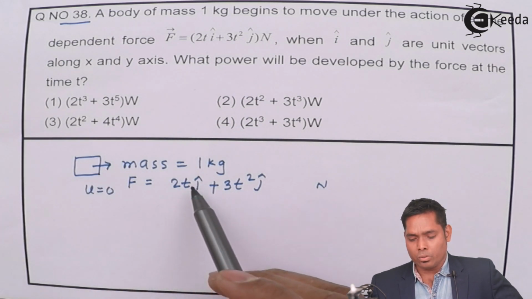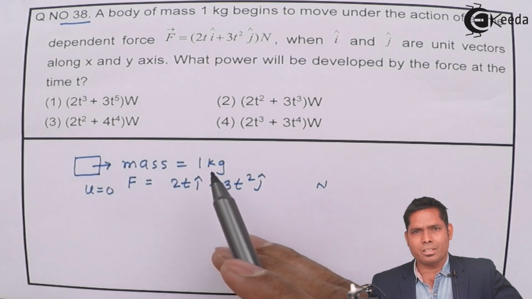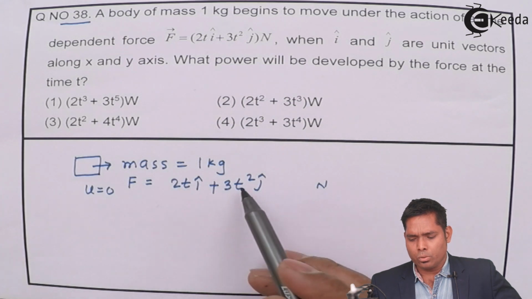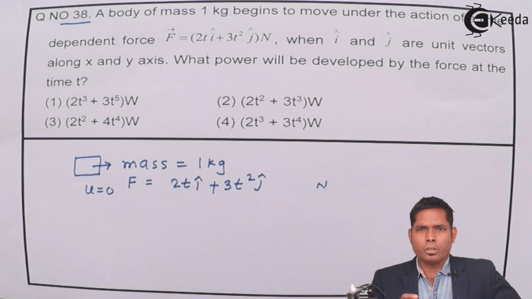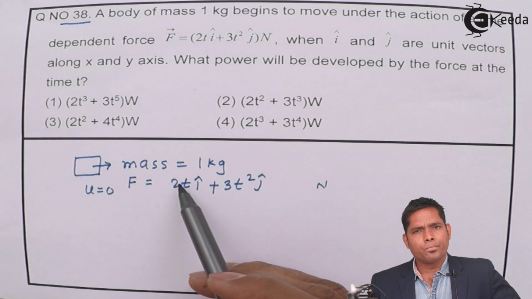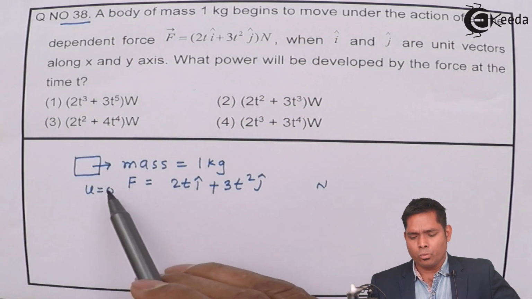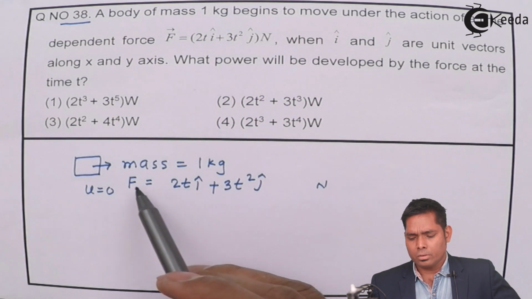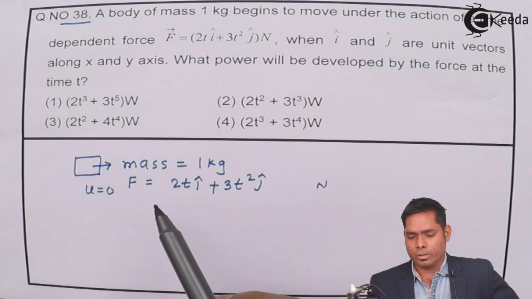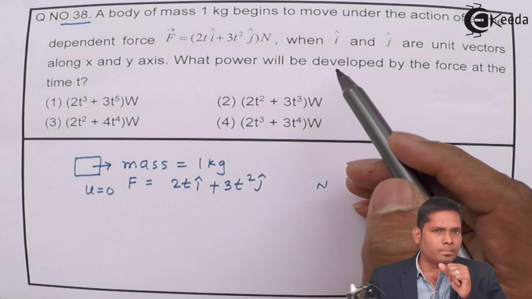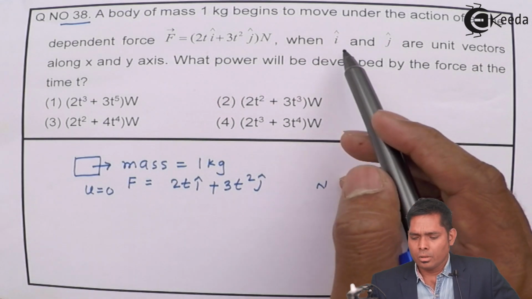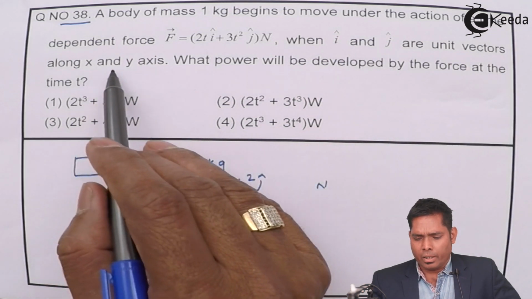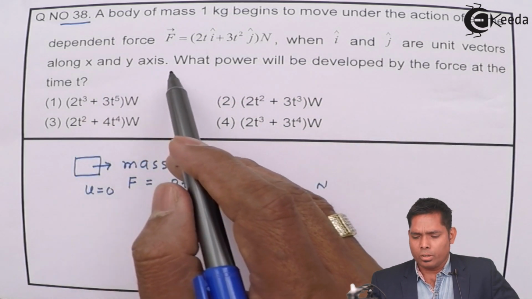it is also possible that the body is having initial velocity 0. At time t equals 0, the force is 0, but when the time increases to say 1 second, the force will be 2, 3 Newton. So immediately as the force is applied, the body will not move. As the time increases, obviously the force is there and the body starts moving. And i cap and j cap are unit vectors along x and y axis, that is known to us.